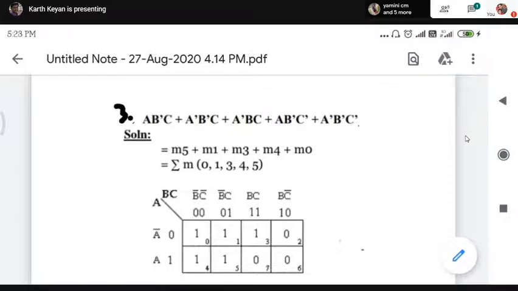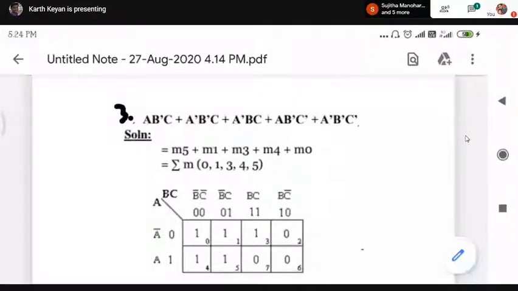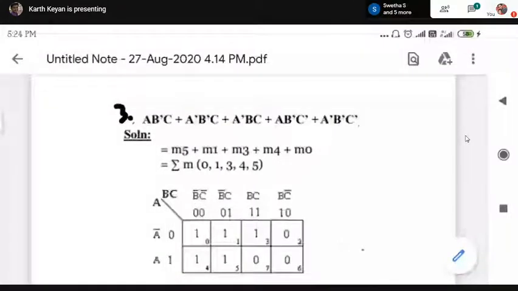For a single term, we have to use two input AND gates. Similarly, I'm going to have a total of 5 terms with me, so 5 into 2 input AND gates. Totally, you have to use 10 two input AND gates.